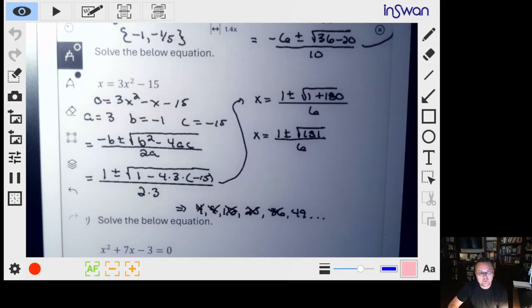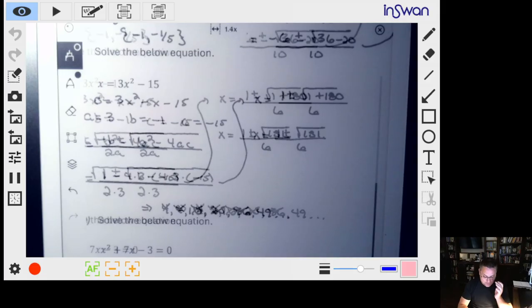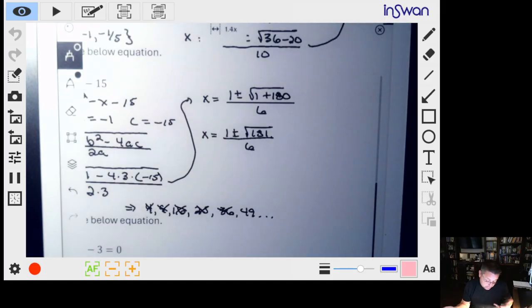So I don't think 181 is divisible by any nice perfect squares. I'm just going to check a couple here. 64, 81, no. Even if I go up to half of the number, which I don't think I have to, we're still at 100. No, it's not divisible by any of them. So we're done. Okay, ugly, yes, but I believe that we're done here.